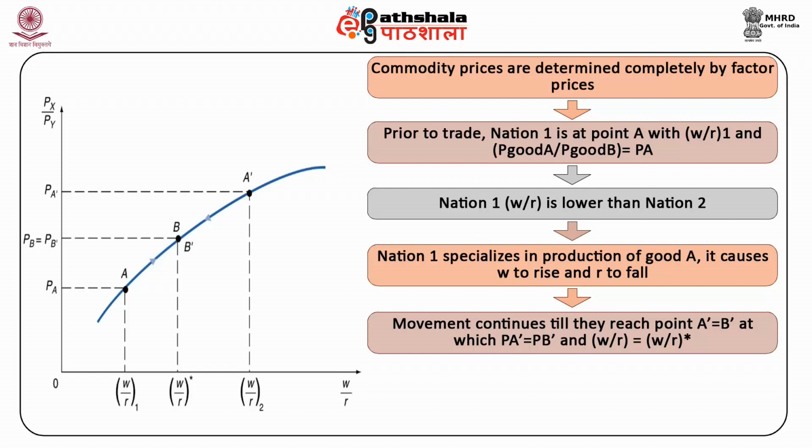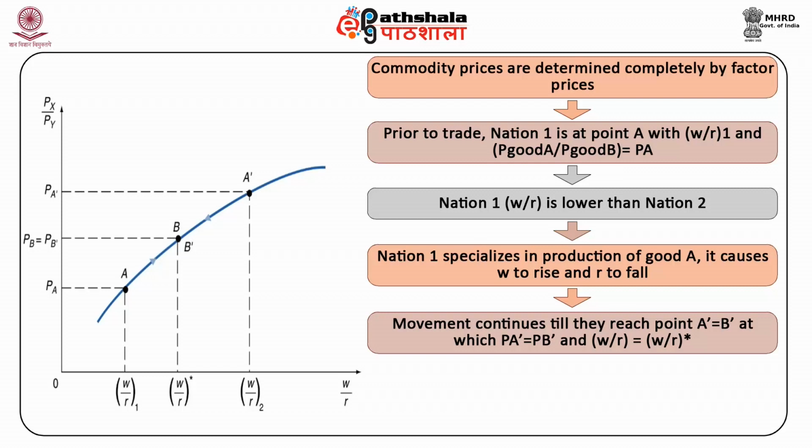This movement continues till they reach point A dash equal to B dash, at which PA dash is equal to PB dash and W by R is equal to W by R star in both nations.